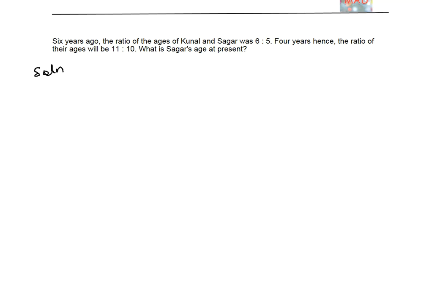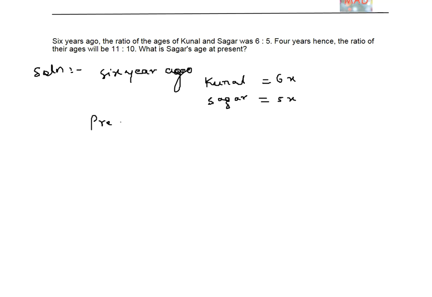We have the solution. 6 years ago we have Kunal as 6x and Sagar as 5x. Now at present, Kunal will be 6x plus 6 and Sagar will be 5x plus 6.